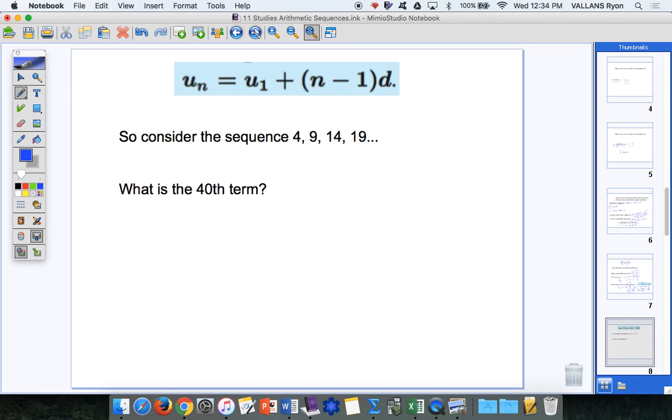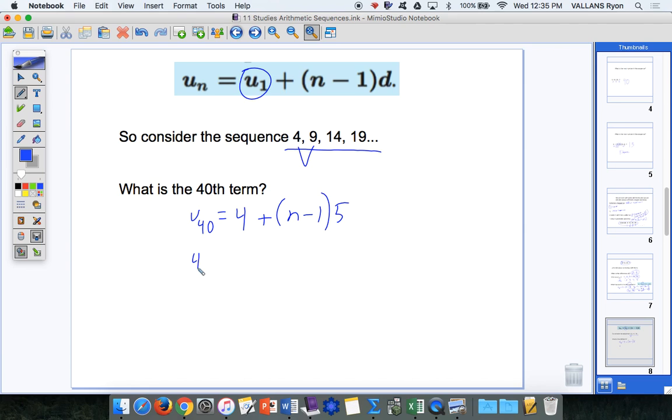Sorry. Next one. What if I give you this equation, and we talk about this sequence, and I want the 40th term? What is the 40th term? Well, same thing as before. I know U1 is the first term. It's also 4 on this one. It's not always 4, but I put it twice in a row. And the difference on this one, I'm going up by 5.